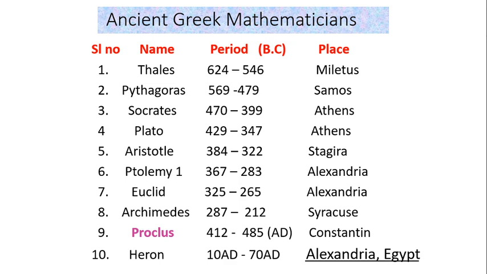In fact, there are many more, but these are very popular ancient Greek mathematicians. And you can see in the list, before Euclid, there are so many stalwarts.